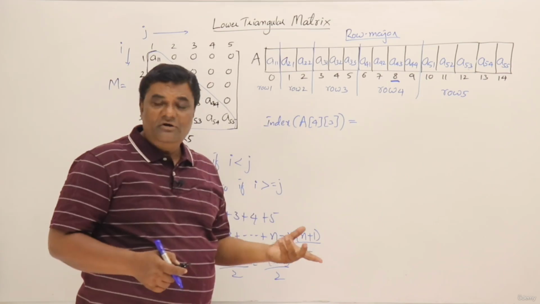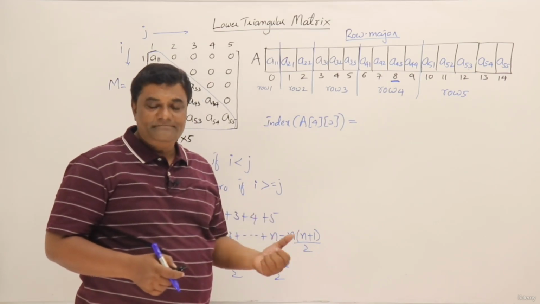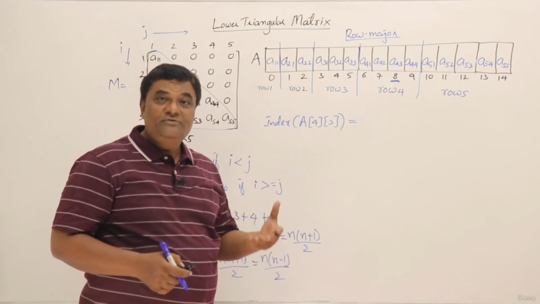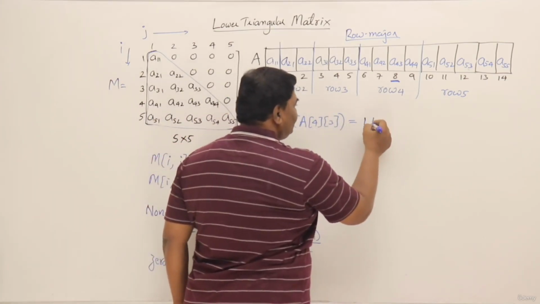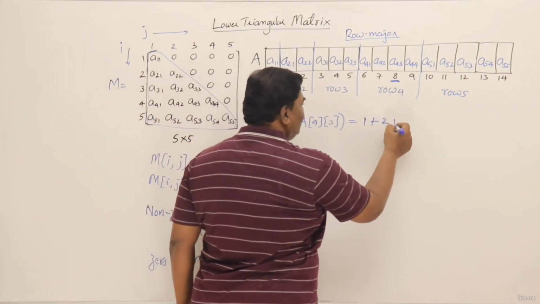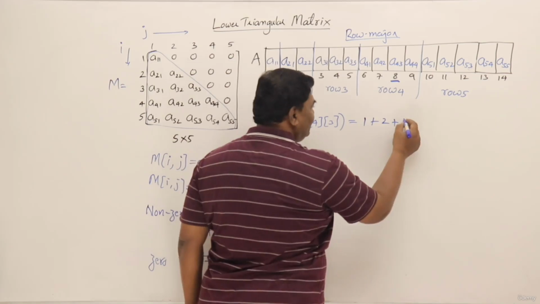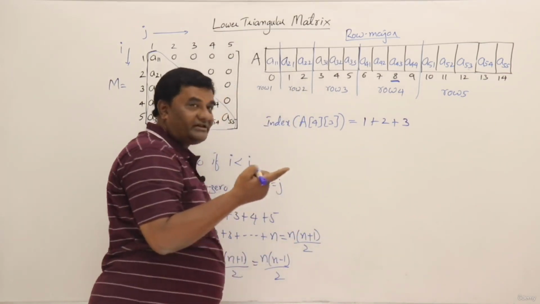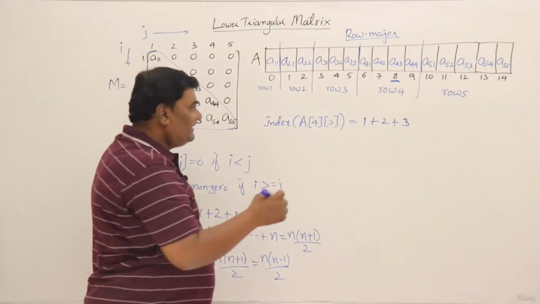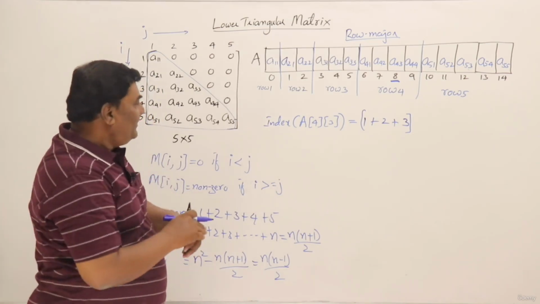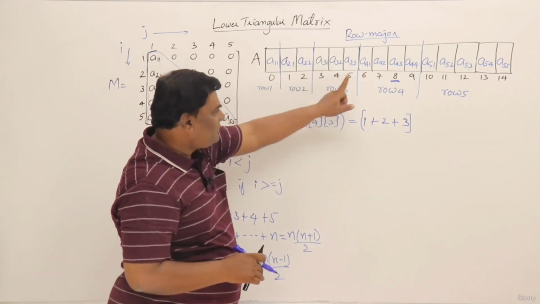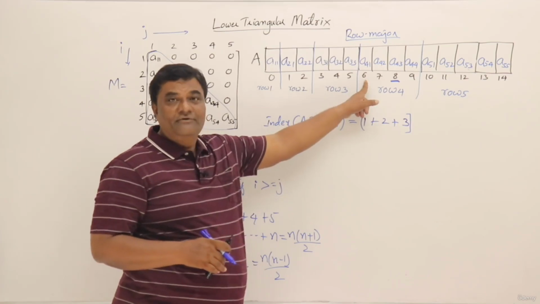In the first row, how many elements are there? In the second row, how many? So I have to skip 3 rows. The first row has just 1 element, the second row has 2 elements, and the third row has 3 elements. So I have skipped 3 rows. Now I am at the beginning of the 4th row.